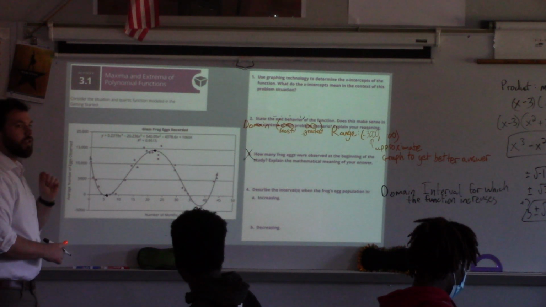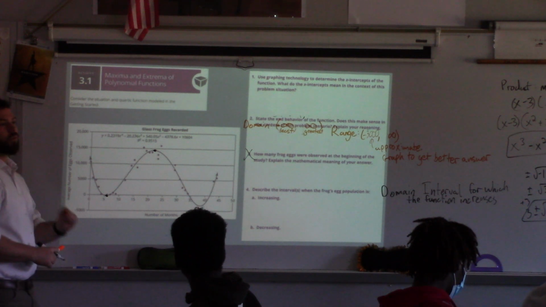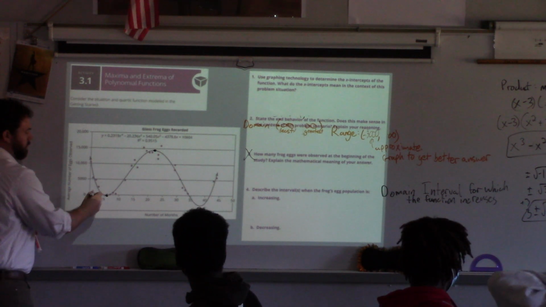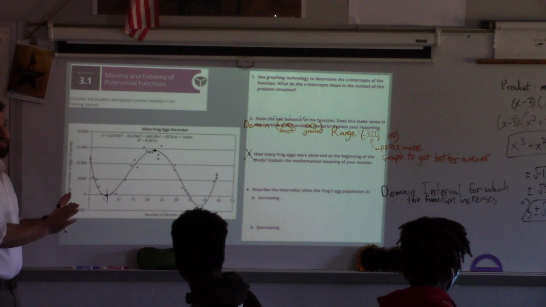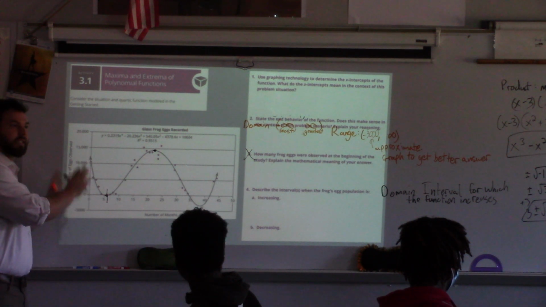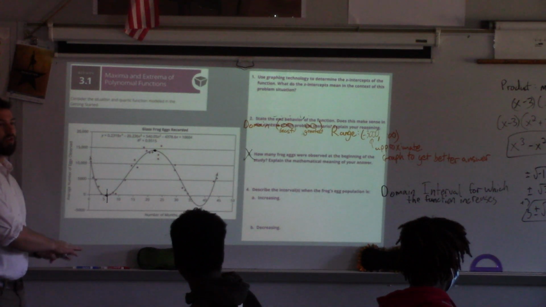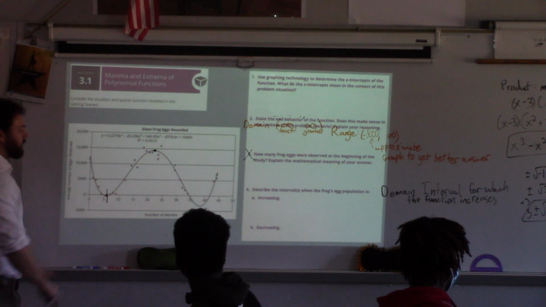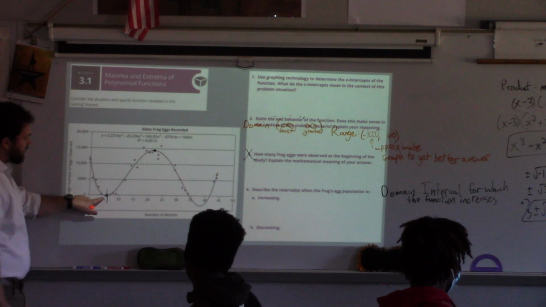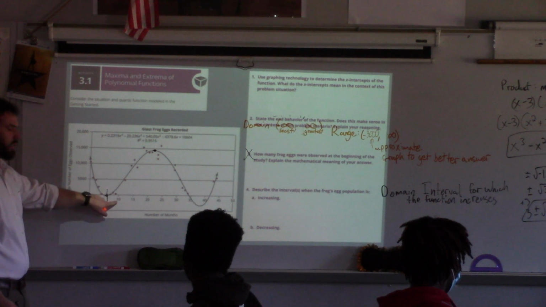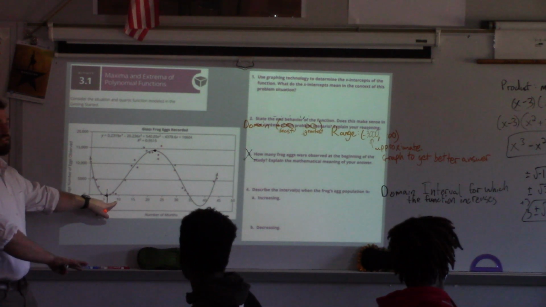But I need to write the domain interval for which it is increasing. What does it look like? And first off, I will say this: we'd have to actually graph it to find exactly what the minimum is. We'll do that tomorrow. So what do you think approximately that x value is? 6. I would probably say 6 because of how close it is to 5. Again, tomorrow we're going to graph it to make sure.